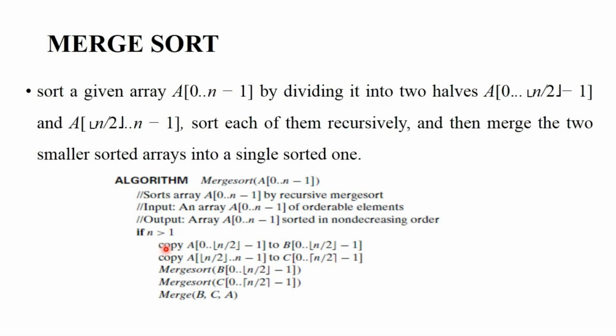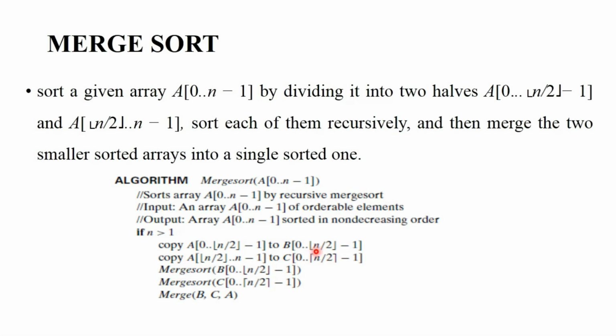So this we are doing by using the copy function, copy A of 0 to n by 2 minus 1 into an array B with indices 0 to n by 2 minus 1. Also the second half of the array, so A of n by 2 until n minus 1 is copied into an array C starting from 0 to n by 2 minus 1.